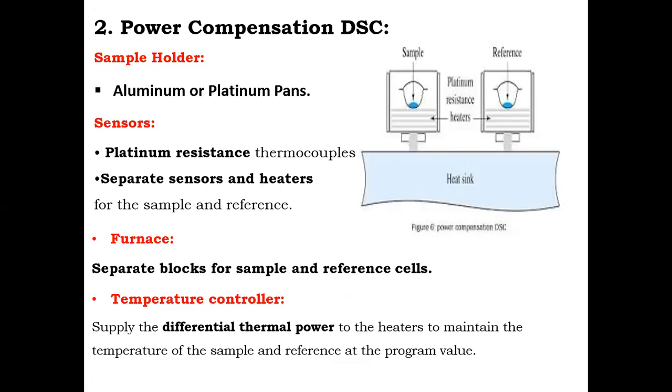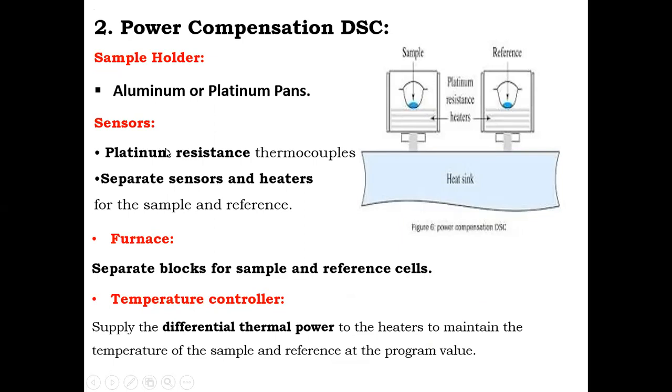Then next we will move to the second type of DSC, that is power compensation. Here also we will talk about sample holder, sensors, furnace, and temperature. Four things to be remembered in both the equipment. Here also, coming to the pans, both the sample pan as well as the reference pan are made up of aluminum and platinum.